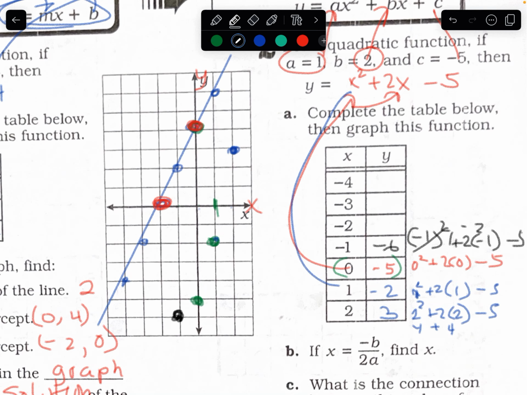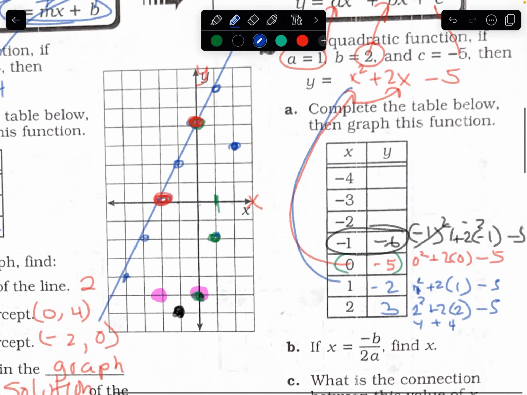Right there. Axis of symmetry too. So that means this negative 2 will be exactly right here, because this will be like a mirror of it.